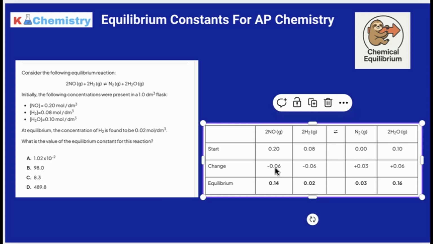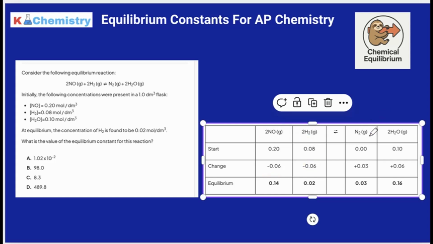Then I decrease by 0.06. How did you know that you are decreasing by 0.06? Because the initial concentration of H2 was 0.08 and at equilibrium it is found to be 0.02. This means that you have decreased by 0.06. Since the ratio is 2 to 2, here you will also decrease by 0.06.